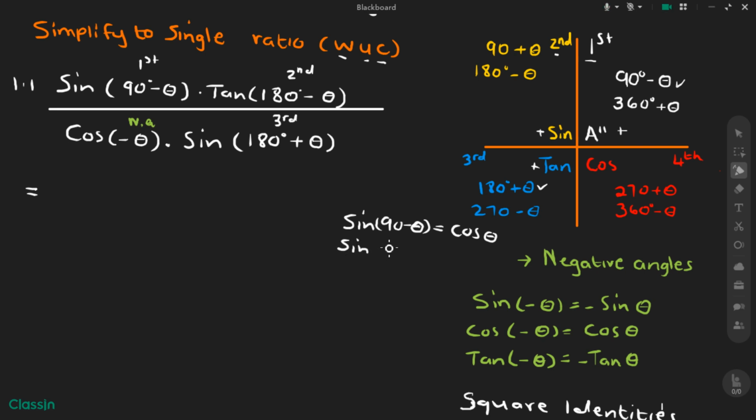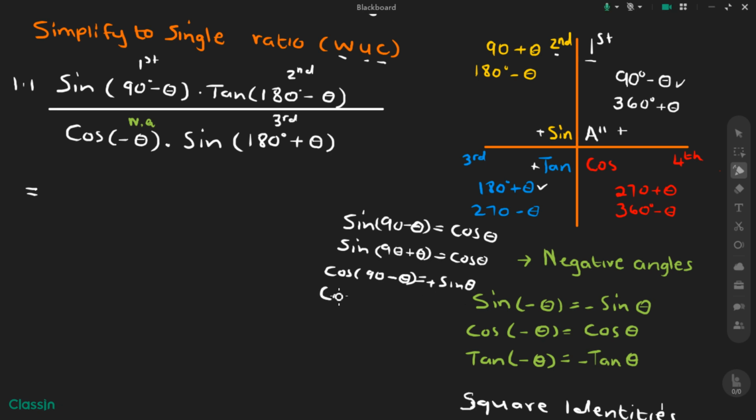Sine of 90 plus theta, the answer will be cos theta. If we have cos of 90 minus theta, the answer will be positive sine theta.